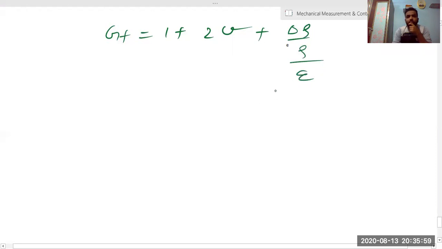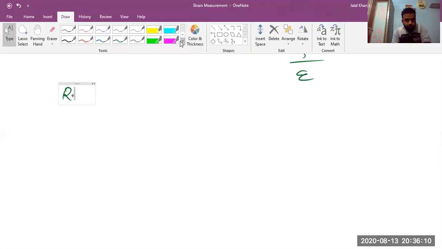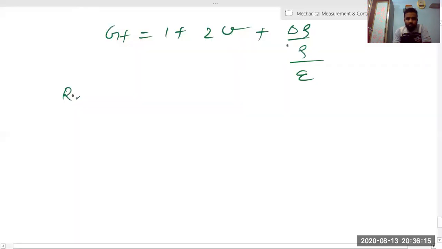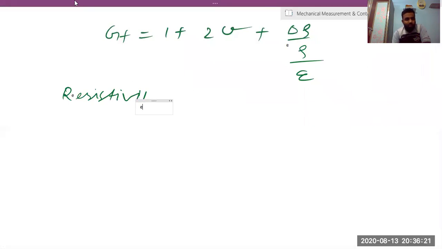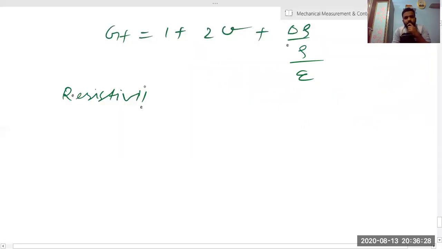Now, what I would like to tell you is this: suppose resistivity is not actually changing that much. Suppose the inherent resistivity of the material, the constant of the material, is actually constant.